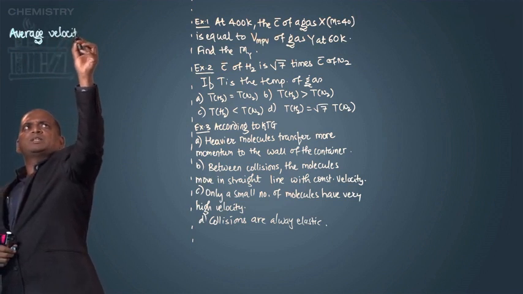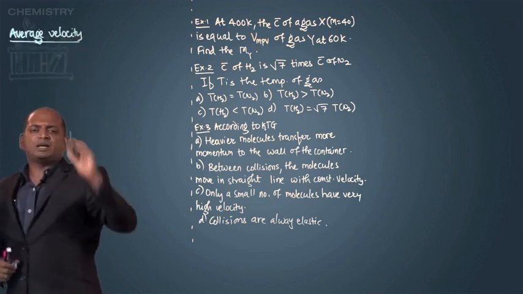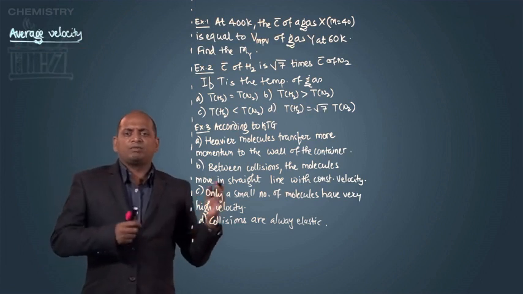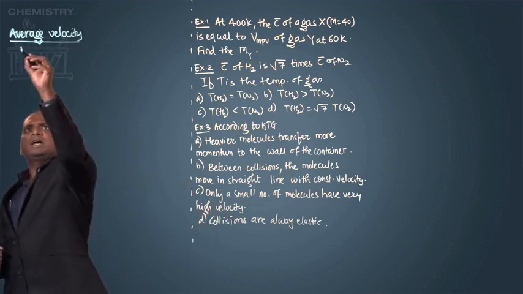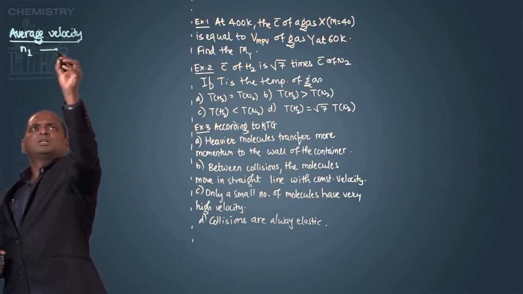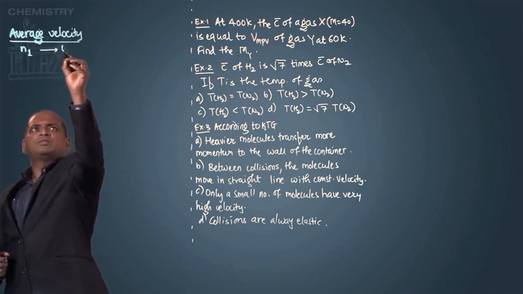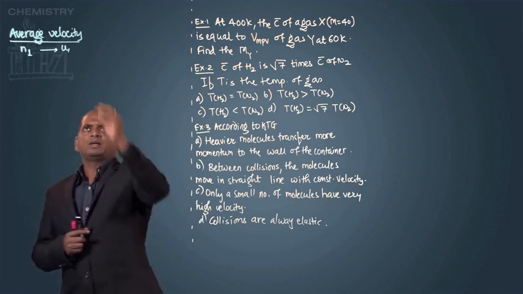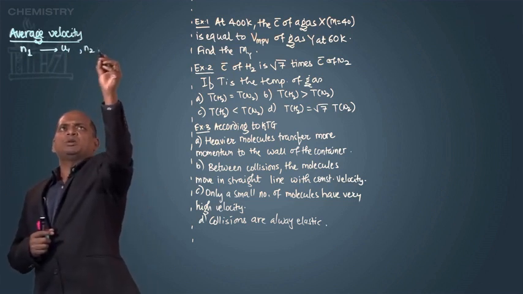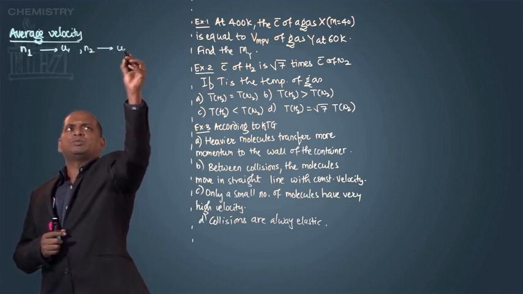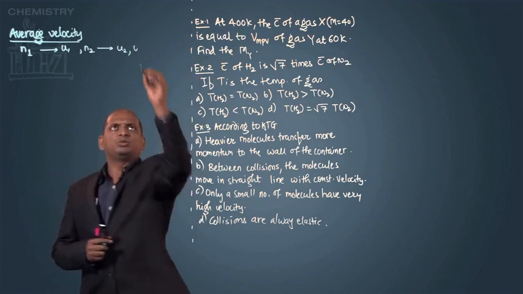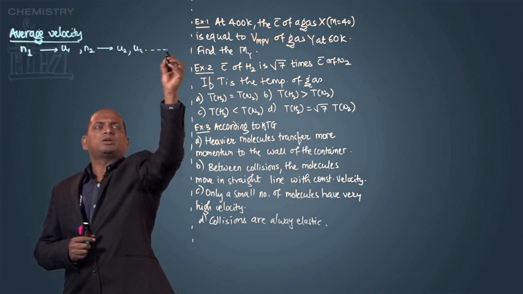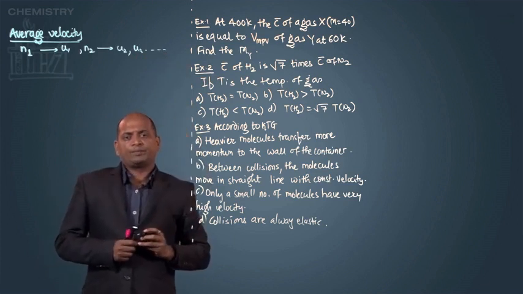So average velocity, in a simple way: there are different velocities possessed by the molecules. Let us consider there are n1 molecules which have a velocity of u1, n2 molecules having a velocity of u2, and so on, u3, u4 and so on.